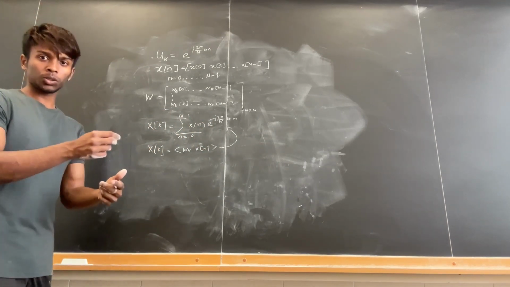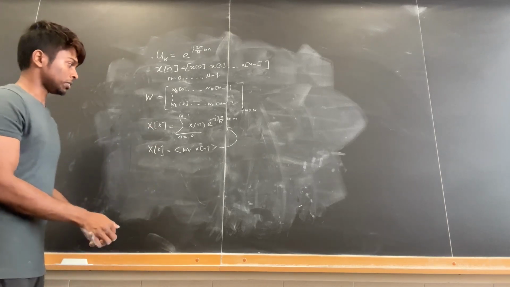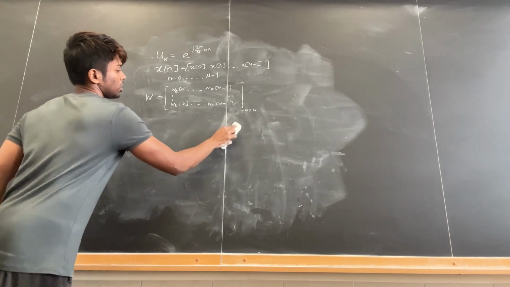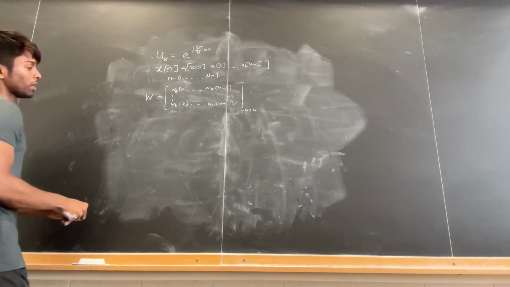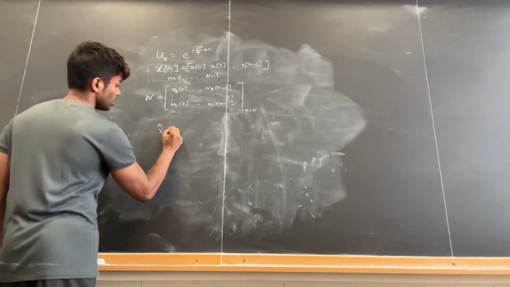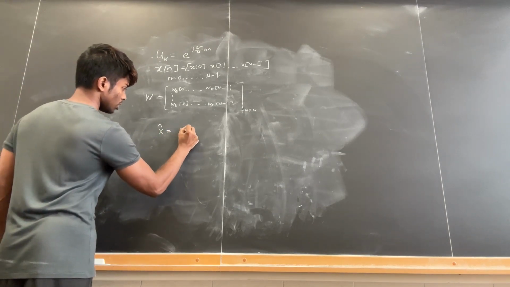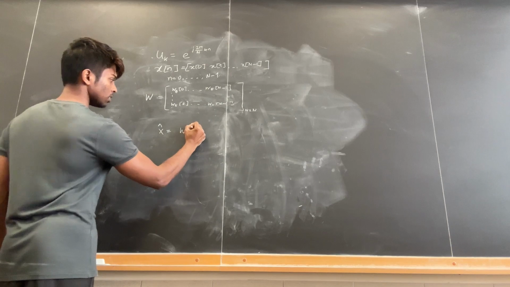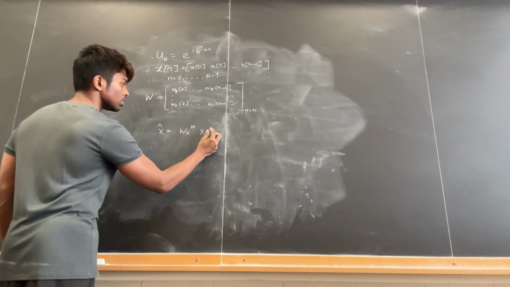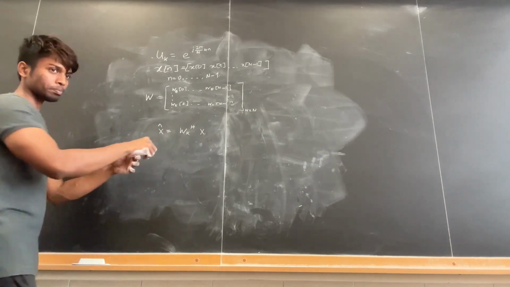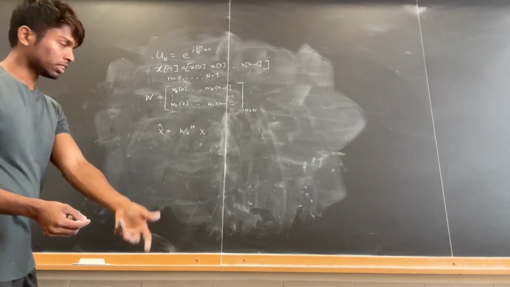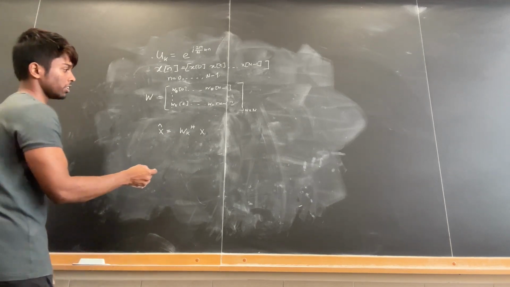But now we have realized that these are basically matrices. So how do we note the matrix representation of the same discrete Fourier transform? That discrete Fourier transform in the matrix form is given as x hat is equal to Wk Hermitian times x, where x is the vector, the signal.